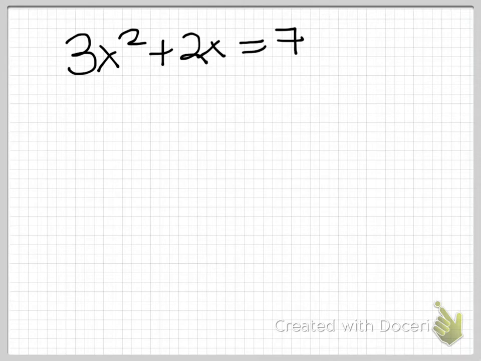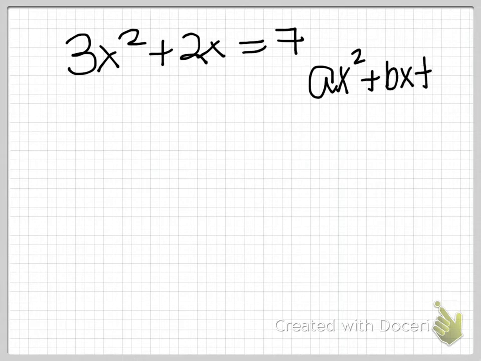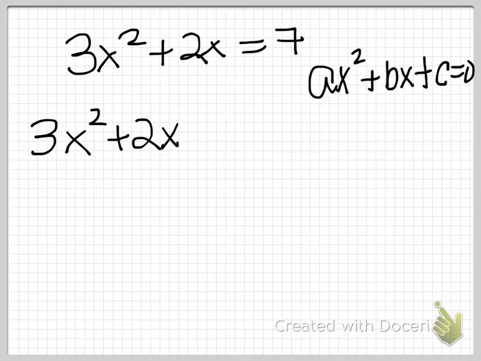Let's bring it over so that it's in our ax squared plus bx plus c equals 0 form. Ours is not, because the 7 is not over there where it belongs. So let's move it. So we're going to say 3x squared plus 2x. We're going to subtract 7 from both sides so that it looks like our quadratic equation in standard form.